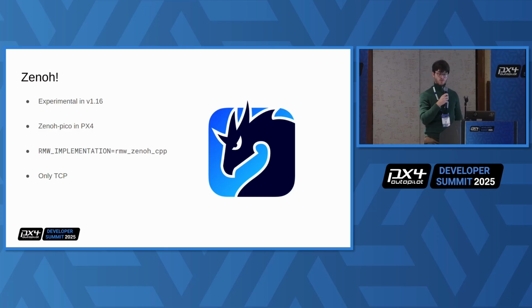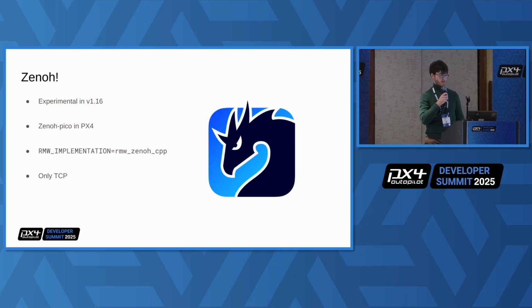I just want now to conclude with Zenoh. All of this presentation was about Micro XRCE-DDS, so Fast DDS as a ROS middleware, but ROS is moving more and more towards embracing Zenoh. Zenoh was already available in PX4 experimentally in 1.16.